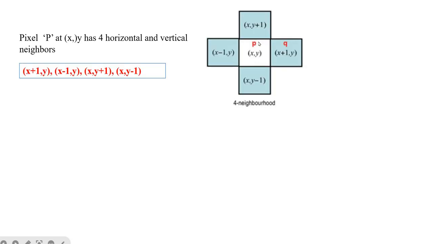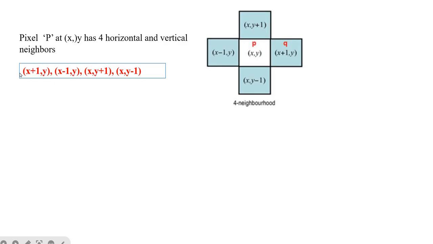So x comma y is our pixel of interest, and these pixels are the 4 neighbors of the pixel. Their coordinates are x comma y plus 1 and x comma y minus 1, which are the vertical pixels, and x minus 1 comma y and x plus 1 comma y, which are the horizontal pixels.